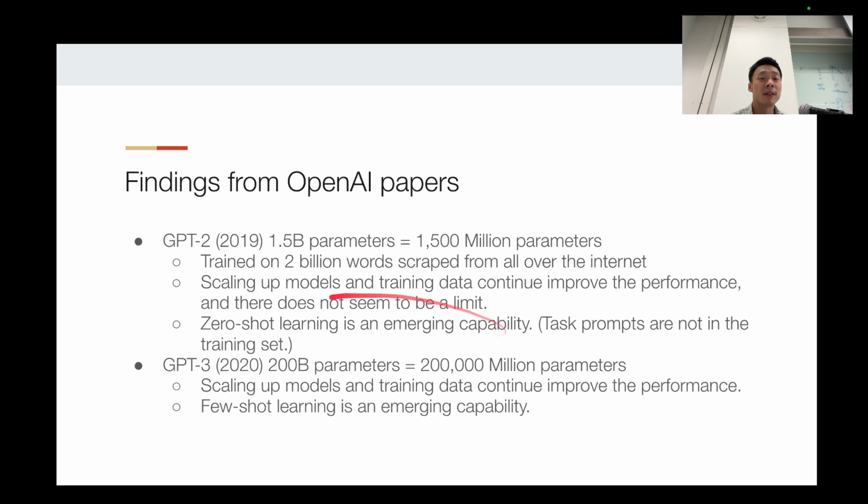Technical word again. This is an emerging capability because all it is trained to do is to predict the next word, just like RNN, but it has some emerging capability that the researchers pointed out, that it can do more than just predicting the next word. It can do other tasks now.